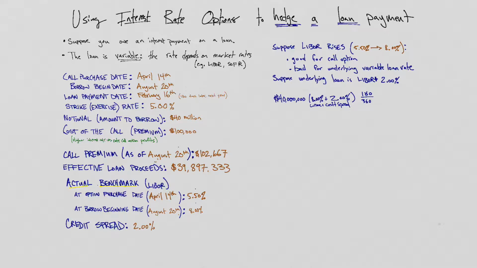And the net result is that there's going to be due a $2 million interest payment on February 16th. So this is our interest on our underlying loan. And it's more expensive because LIBOR jumped up. But let's figure out how much we earned from buying this call option.